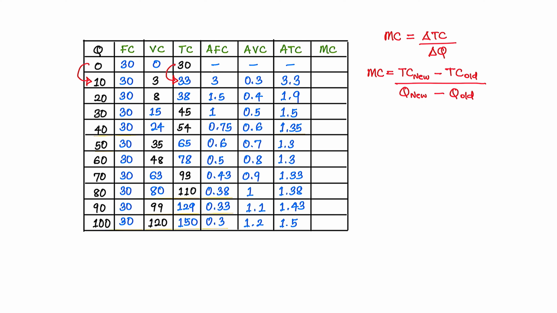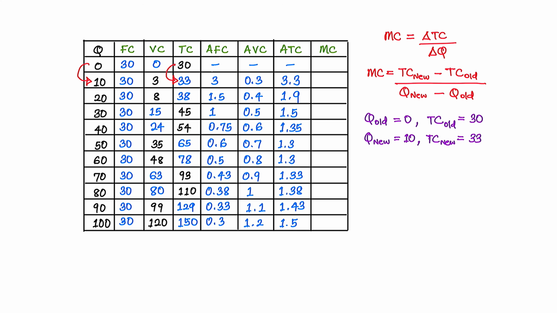So calculating the marginal cost, we have the initial quantity, which is the old quantity, and the old cost is equal to 30. However, when the quantity increased to 10, the cost also increased. So the new cost when the quantity is 10 is 33. So when quantity is 0, the total cost is 30.